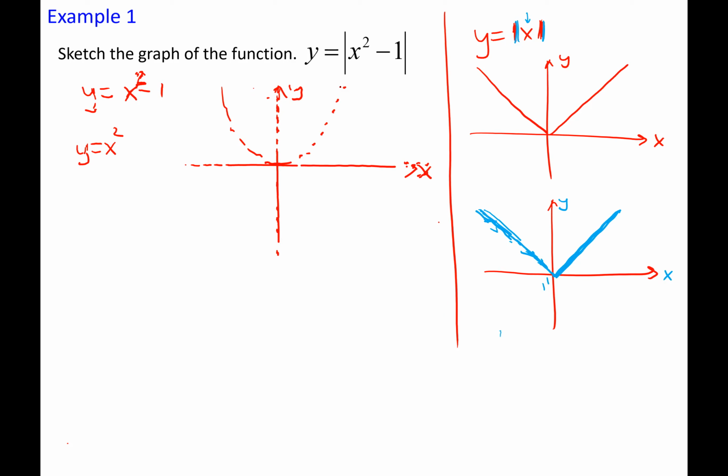And shifting everything 1 unit down looks like that. Of course, none of the lines should be dotted. I just want a nice solid curve.